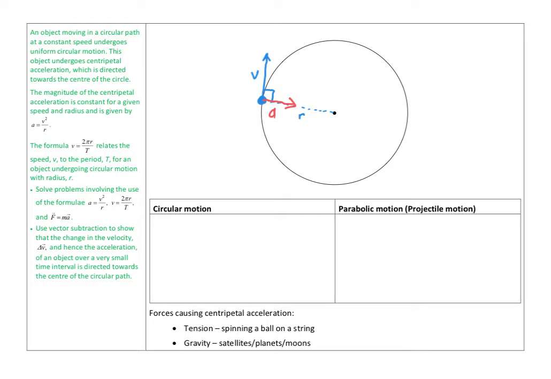So 2 pi r represents the distance. Period is the time for one complete revolution. So velocity equals displacement or distance over time. 2 pi r is the distance. Period is the time.